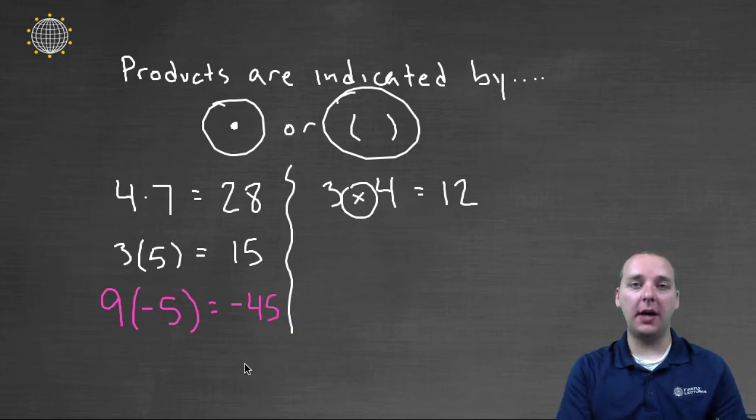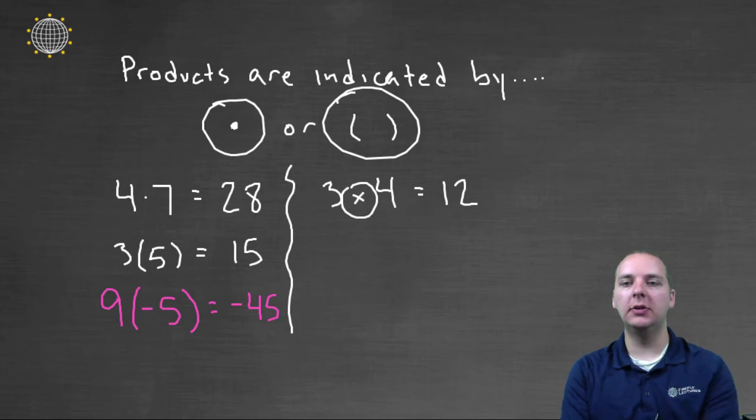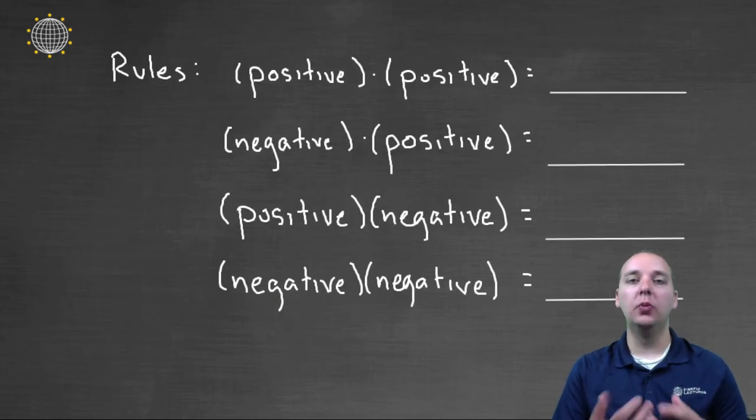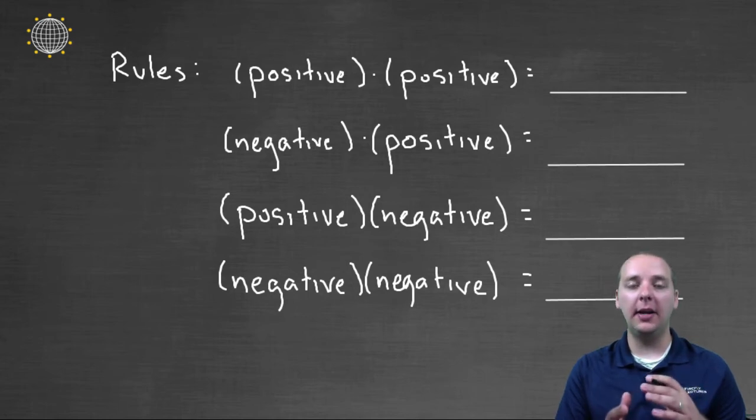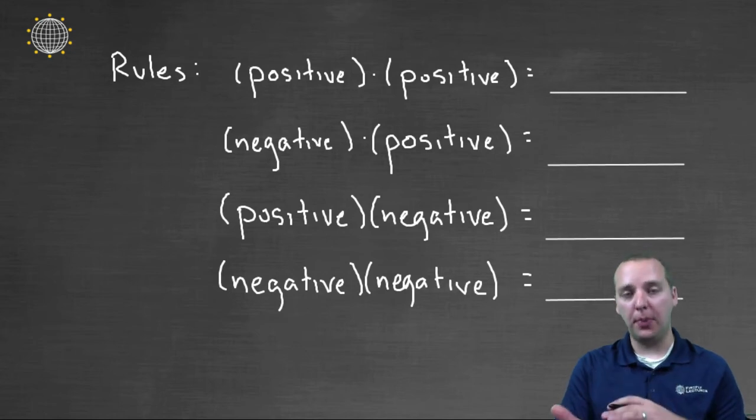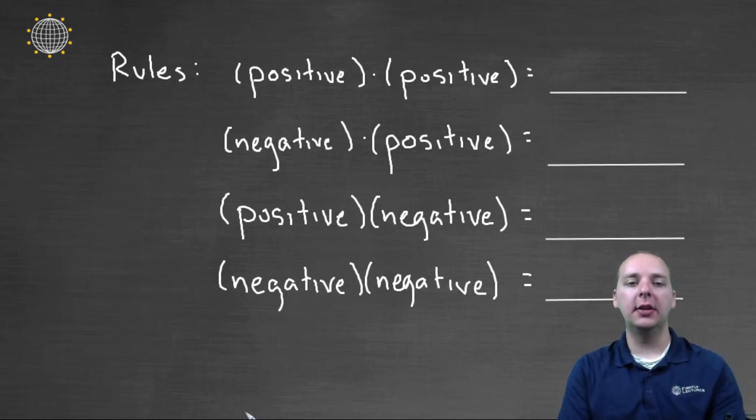Now, speaking of positives times negatives and so on, let's actually look at some rules. The sign of your answer depends on whether you're multiplying a positive times a positive, or a positive times a negative, or any combination of positives and negatives. So let's look at these rules here. If you have a positive number times another positive number, your answer will be positive.